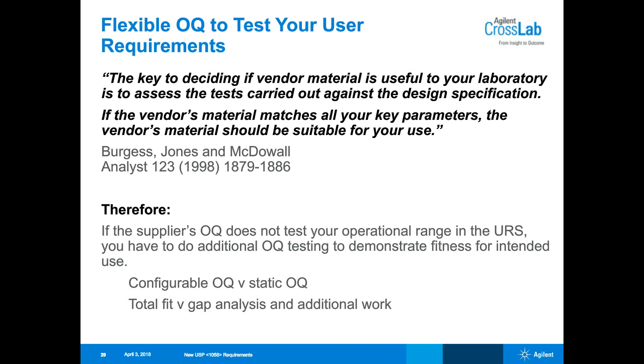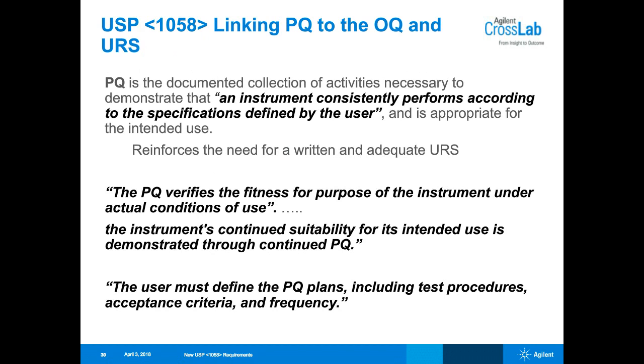Then we need to think about linking PQ to the OQ and also to the URS. Now, what it says in the new version of USP 1058 is that performance qualification demonstrates that an instrument consistently performs according to the specifications defined by the user.